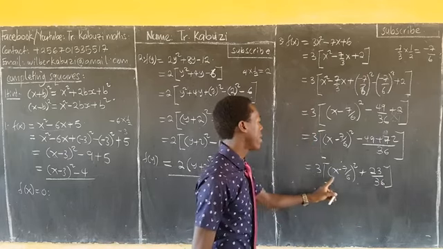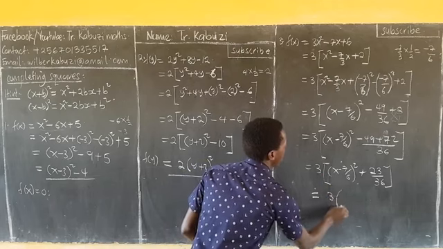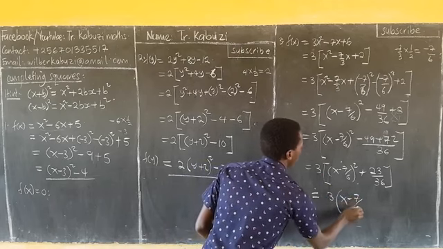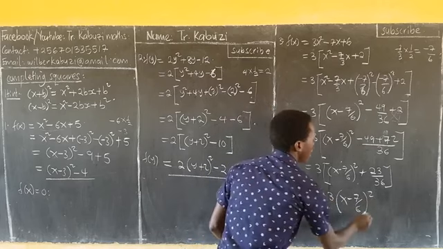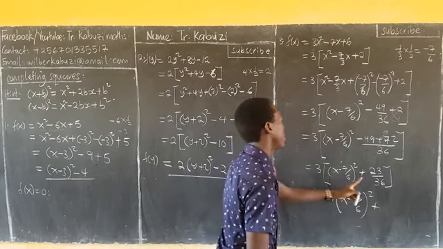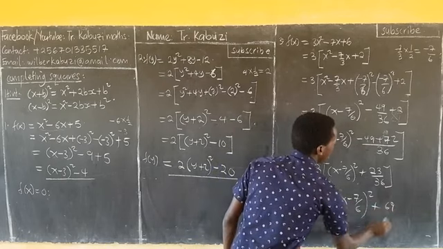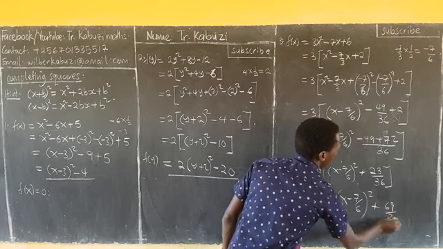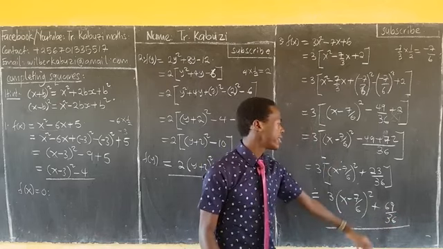Now you can open the brackets. This will be now 3 times x minus 7 over 6 squared. You can't put this inside. Then plus multiply 3 by this, 3 times 23, you get 69 over 36. So you can go on to reduce this.